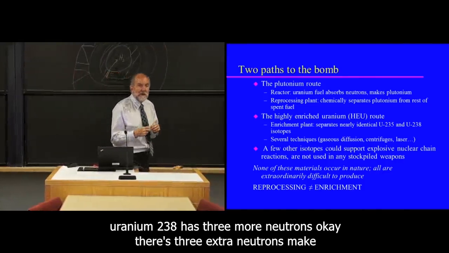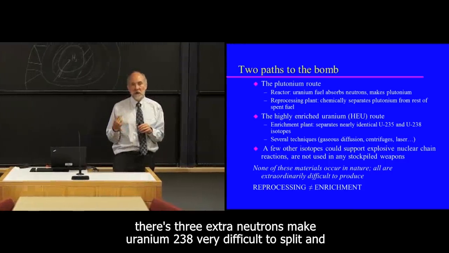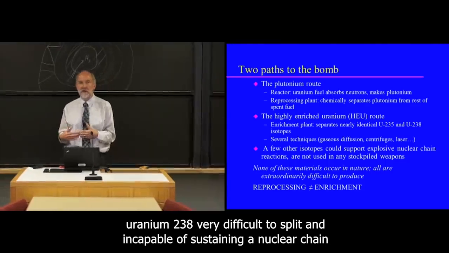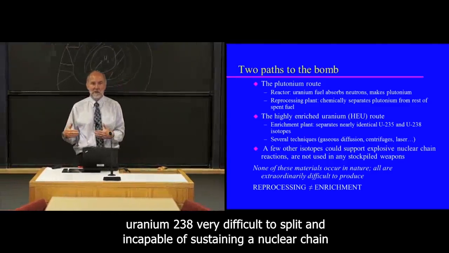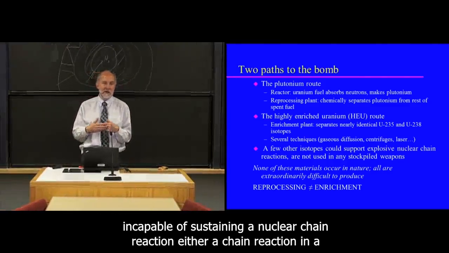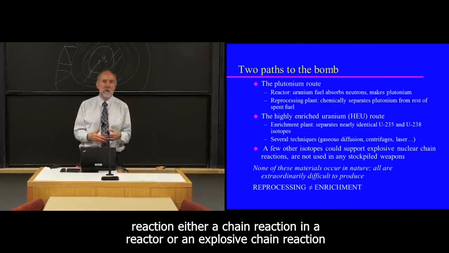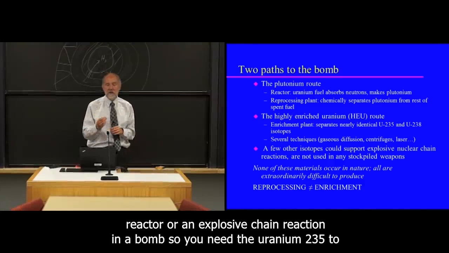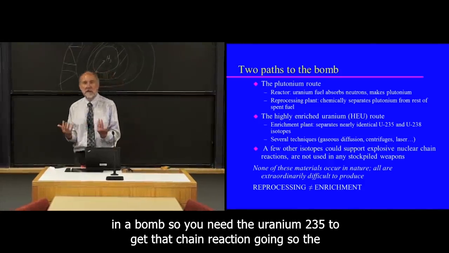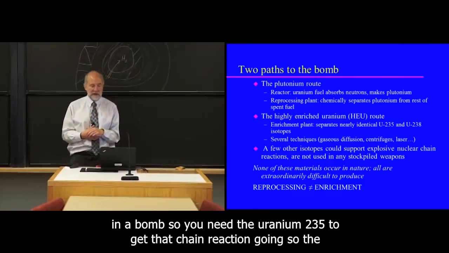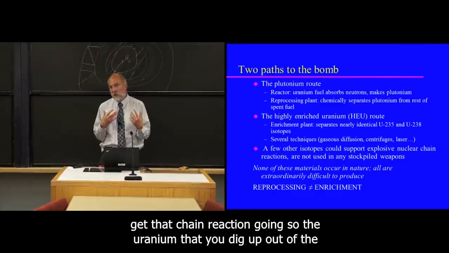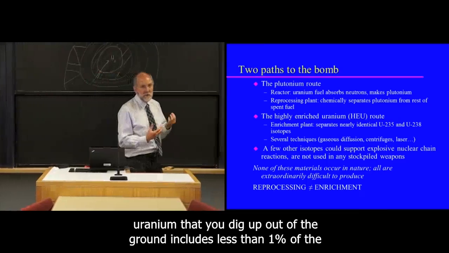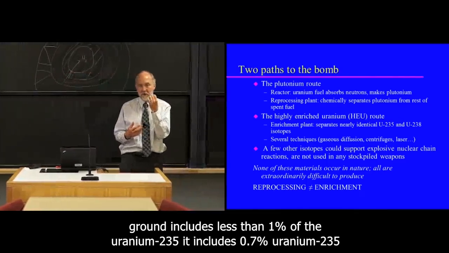Those 3 extra neutrons make uranium-238 very difficult to split and incapable of sustaining a nuclear chain reaction, either a chain reaction in a reactor or an explosive chain reaction in a bomb. So you need the uranium-235 to get that chain reaction going. The uranium that you dig up out of the ground includes less than 1% of the uranium-235.